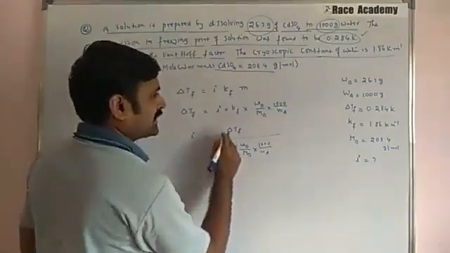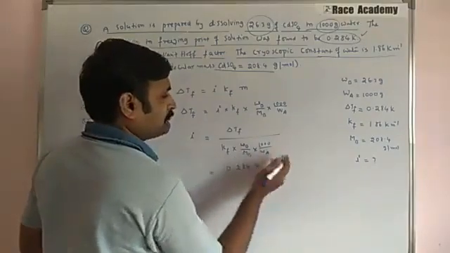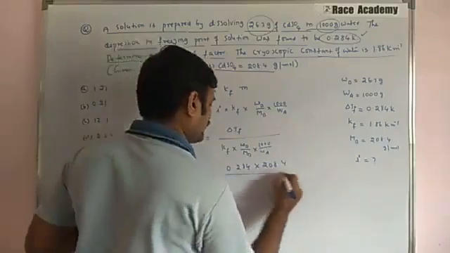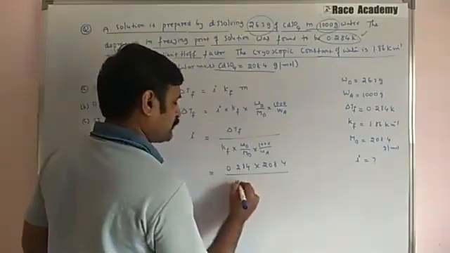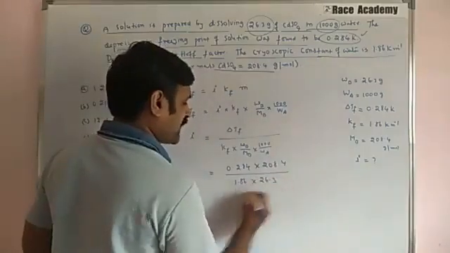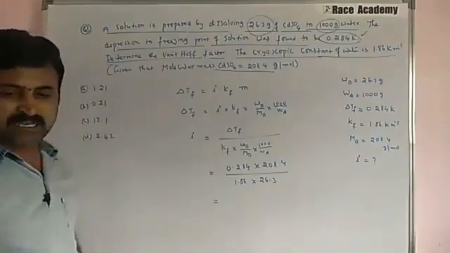So for delta TF I will write 0.284 into the MB value 208.4, divided by the Kf value 1.86 into WB, 26.3.